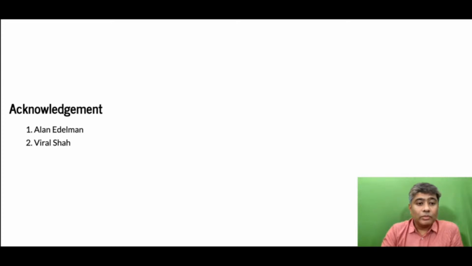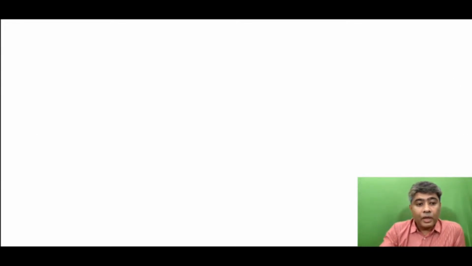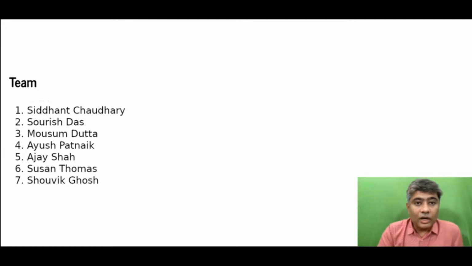It is not possible for us to implement this without the great help from Professor Alan Edelman and Viral Shah, and of course a great team: Siddhant Chaudhary, Mausam, Ayush, Ajay, and Susan. All of them have contributed greatly, from designing the package to computing, from very basic things, cleaning up, testing, everything was done as teamwork.